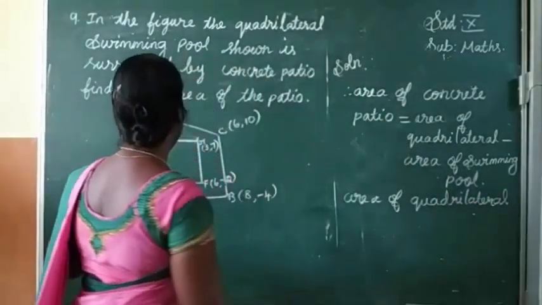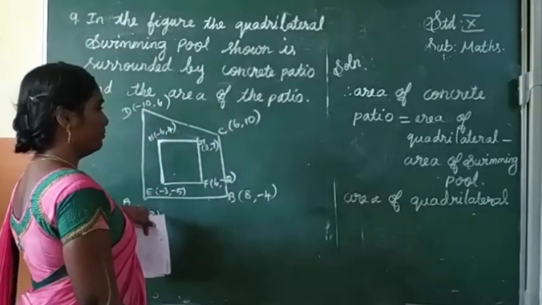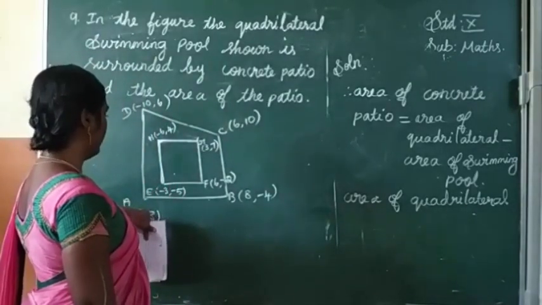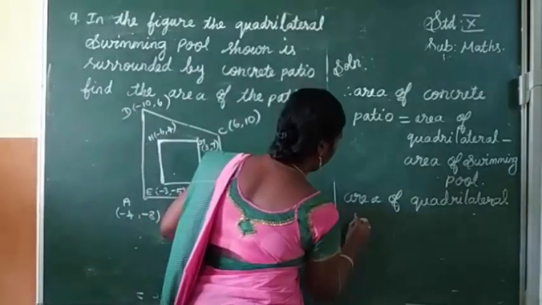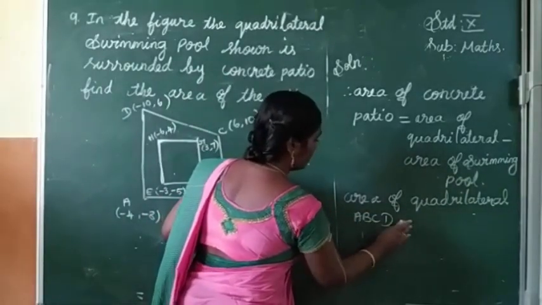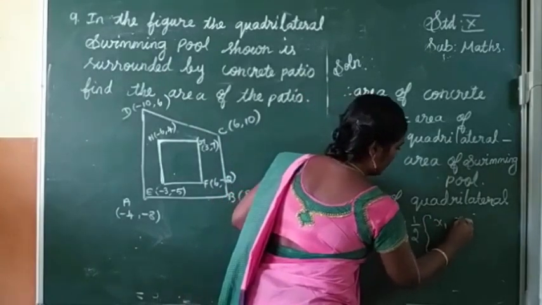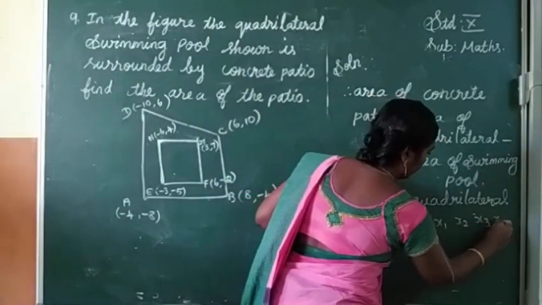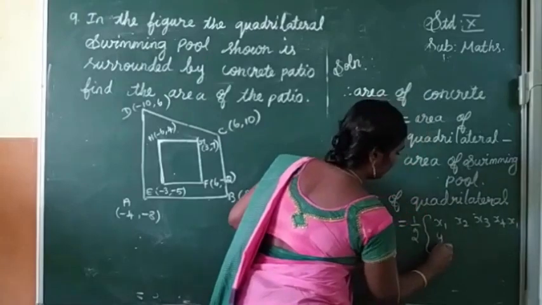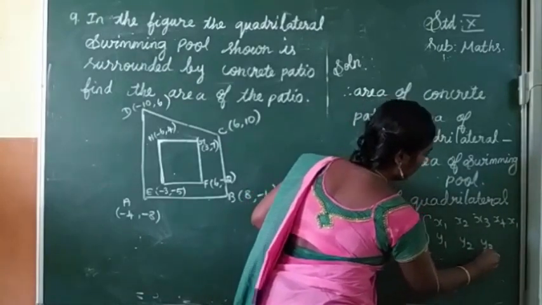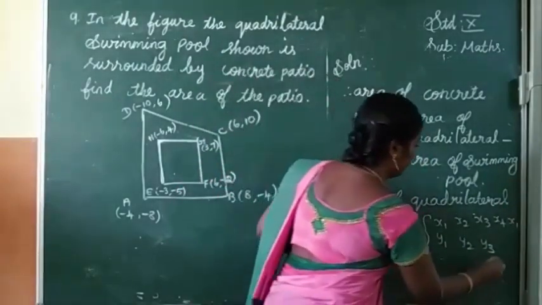What is area of a quadrilateral? Quadrilateral formula we know here. Quadrilateral name you have to mention it. A, B, C, D is a quadrilateral name. So area of a quadrilateral A, B, C, D is equal to, what is the formula? Half into x1, x2, x3, x4, again x1, y1, y2, y3, y4, y1.